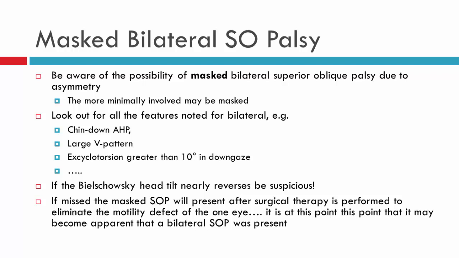So it's wise in these instances to warn your patients that it's possible that the other eye, that's not being operated on, is affected, and that surgery may unmask the second superior oblique palsy, in which case further surgery may be required if the patient doesn't have comfortable BSV post-operatively.